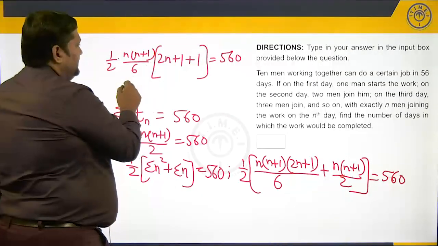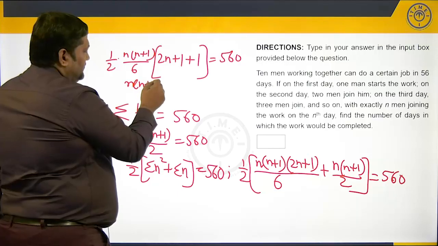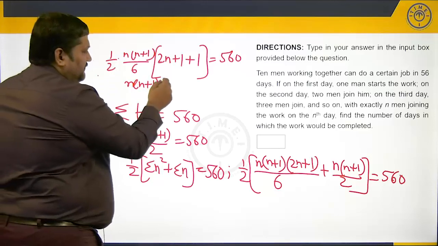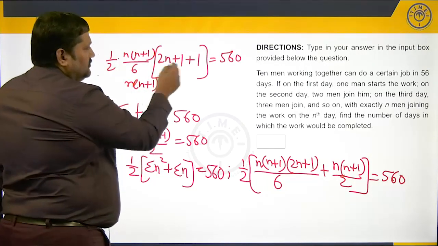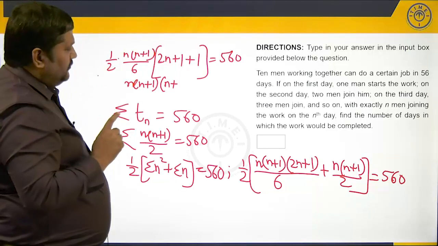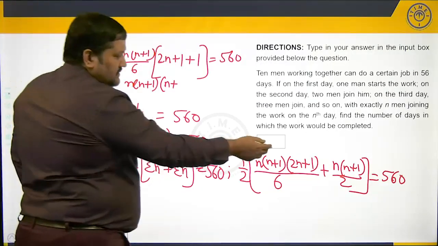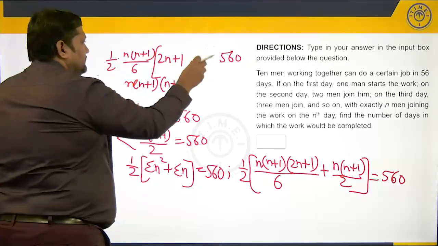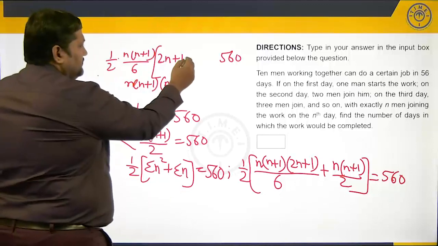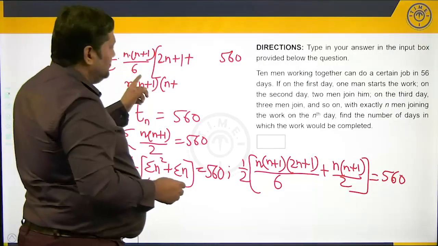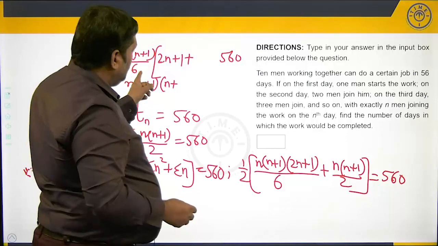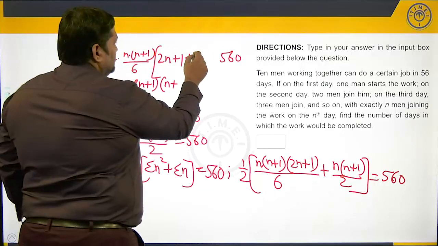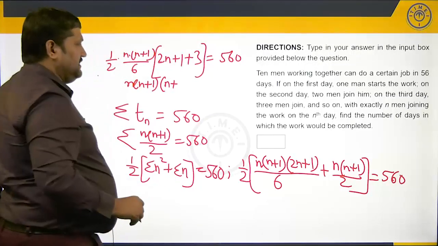Or we can simplify and write n into n plus 1, 2n plus 2, so 2 can cancel off. Oh, by 6 we have taken, so it should be 3. Let's correct this. It is 2n plus 1 plus, because we have taken n into n plus 1 by 6 common, we had 2 here, so this should give me 3 plus 3, equal to 560.